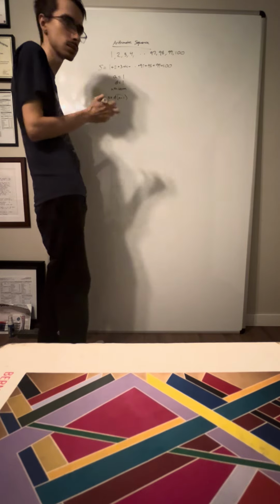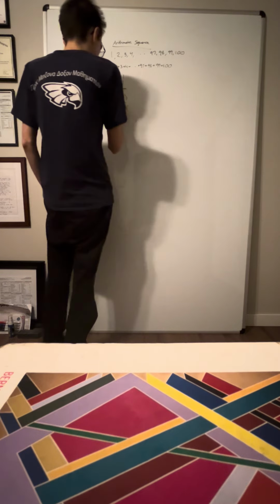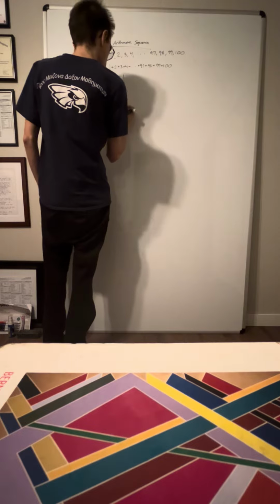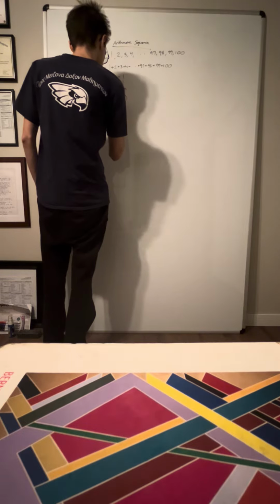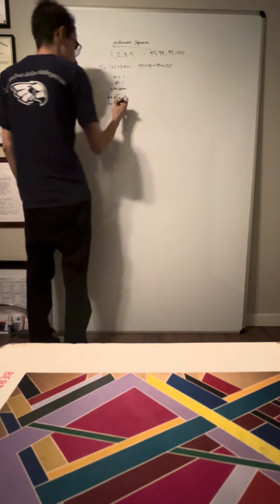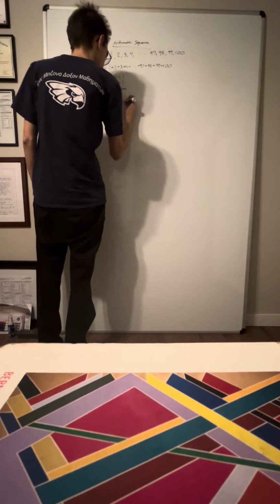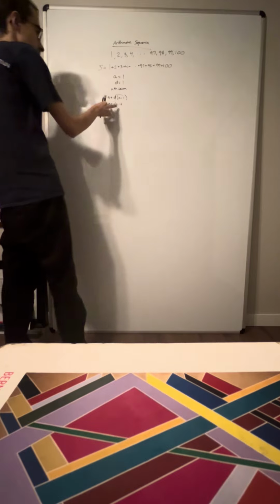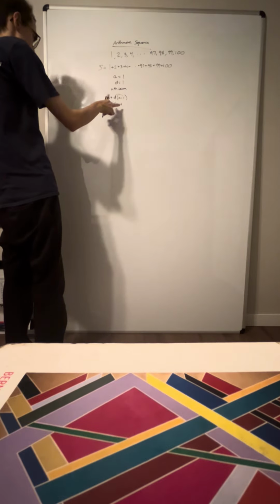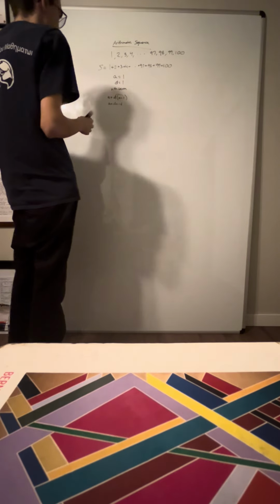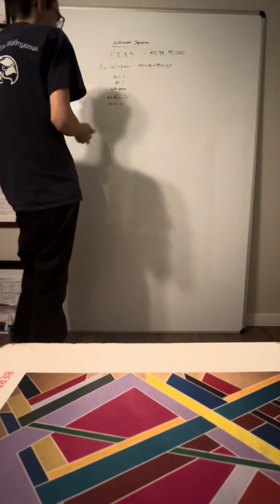If you haven't seen that other clip, go and look for it. Multiplying this out, this can also be represented by A plus dn minus D. So this is the general term for your nth term.